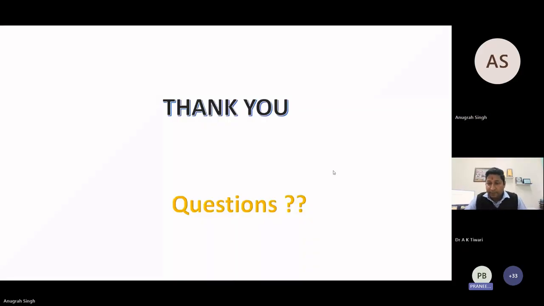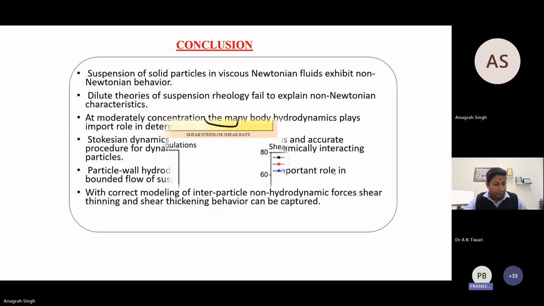Firstly, very interesting talk, sir. The first question is related to one of the last slides that you showed, wherein there was shear thickening and shear thinning behavior, and how you are relating that to Stokesian dynamics.